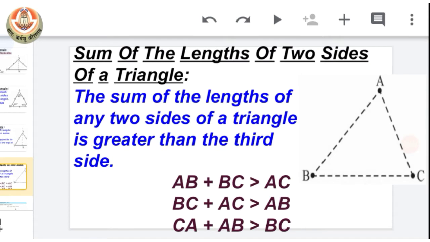Now the next topic is the sum of the lengths of two sides of a triangle. It is a very important property of a triangle.